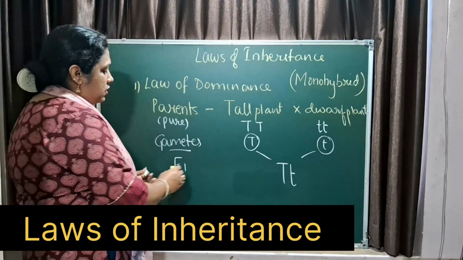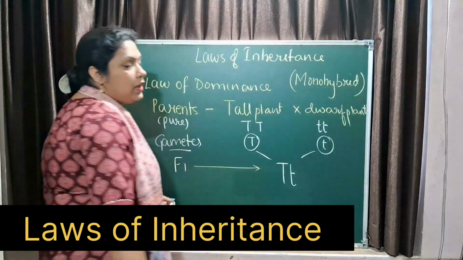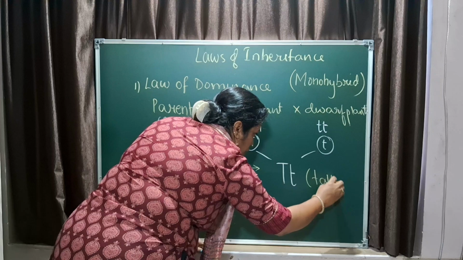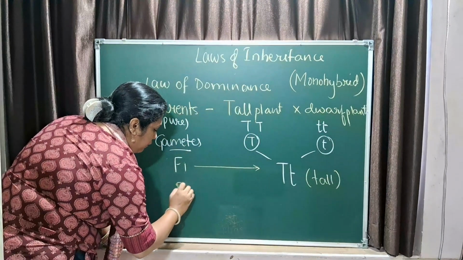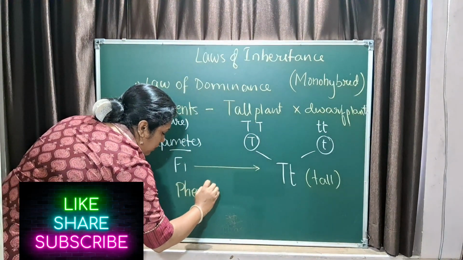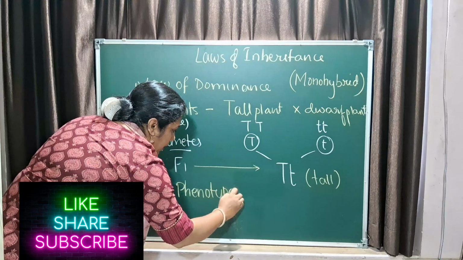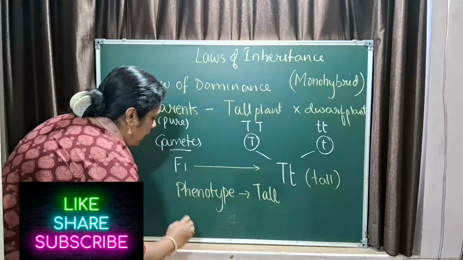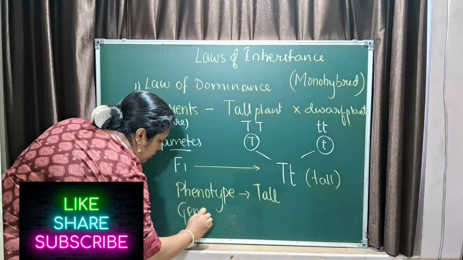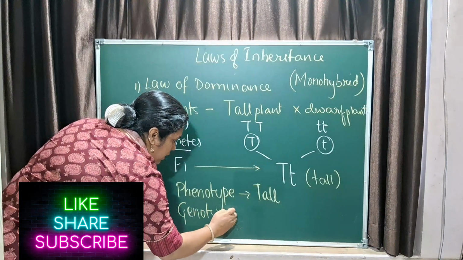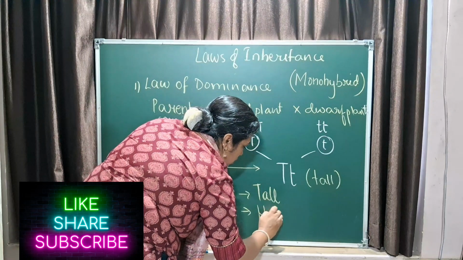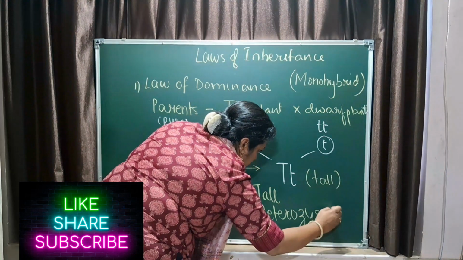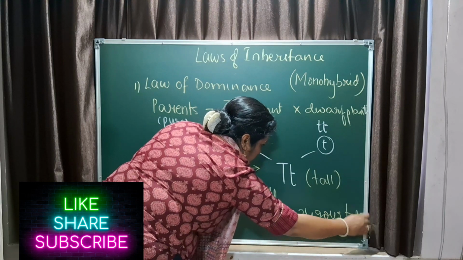So in the first generation, all the plants will be tall. When you talk about the phenotype, that is the physical appearance of the plant, all the plants born in the F1 generation are tall. And when you talk about the genotype of the plant, all the plants of the F1 generation are heterozygous tall.